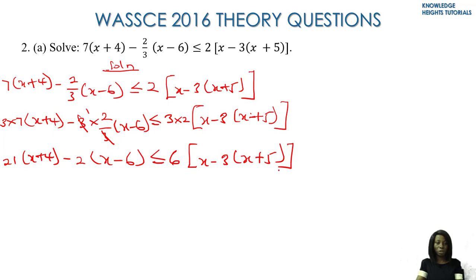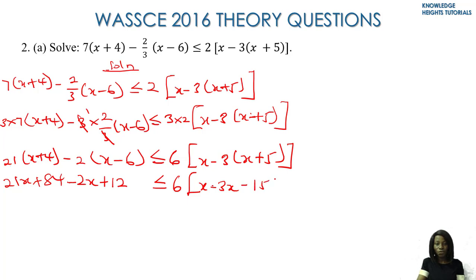Let's try to open the brackets. 21 times x will give us 21x. 21 times 4 will give us 84. Negative 2 times x will give us negative 2x. Negative 2 times negative 6 will give us a positive. Remember, negative times negative is a positive. So positive 12. In the parenthesis, we have x; negative 3 times x will give you negative 3x. Negative 3 times 5 will give you negative 15.